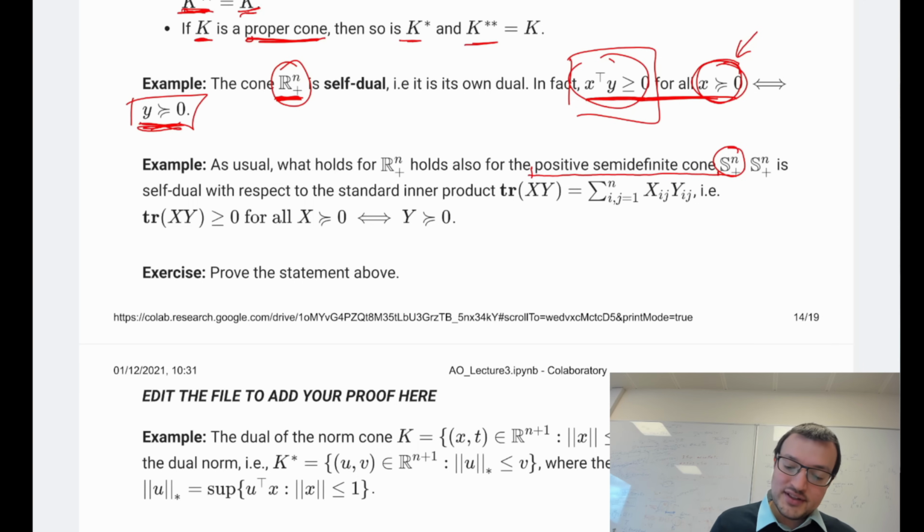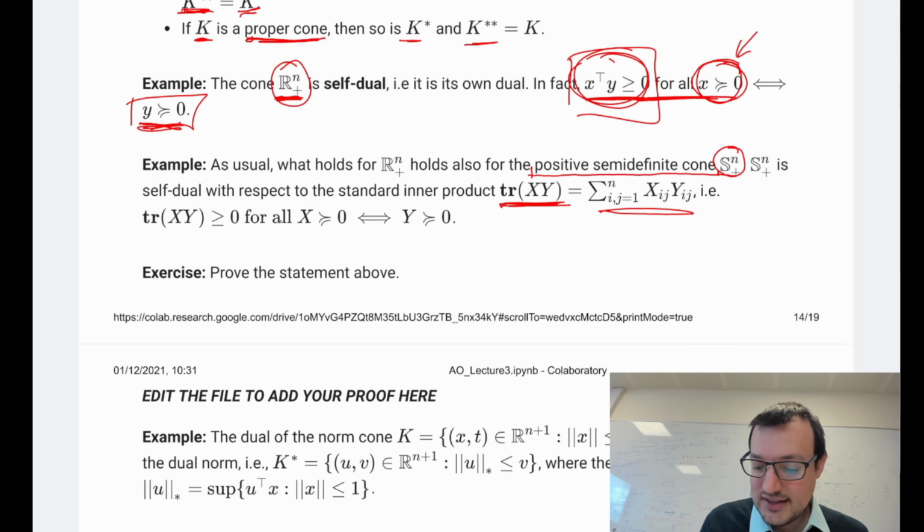Of course, we have to define the inner product for this cone, and it is defined in this way. If X and Y are two positive semi-definite matrices, then the inner product is defined as the trace of the product, which essentially is just the sum of all the products between all the components of the two matrices.